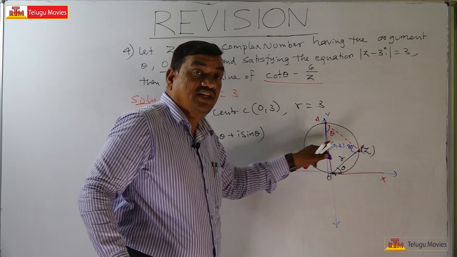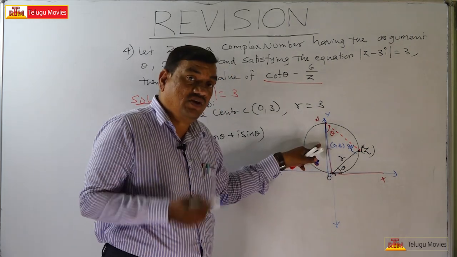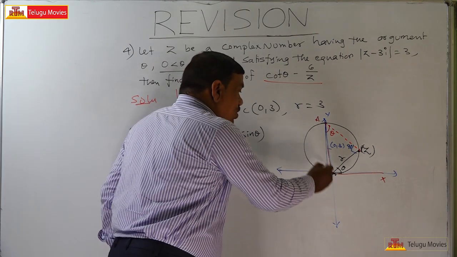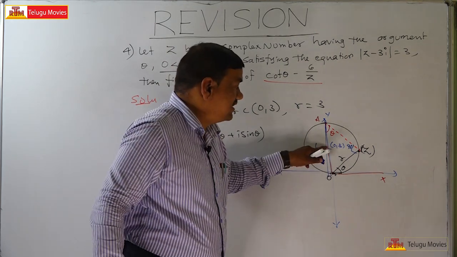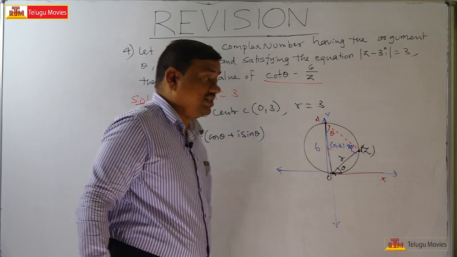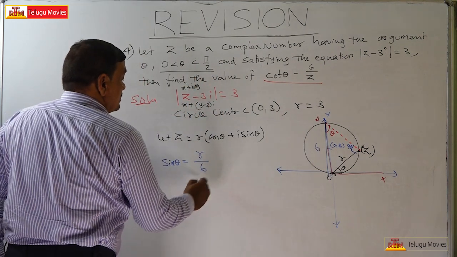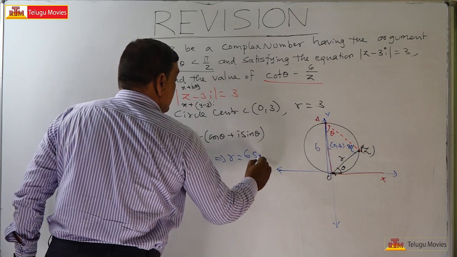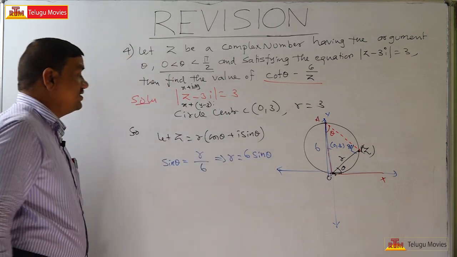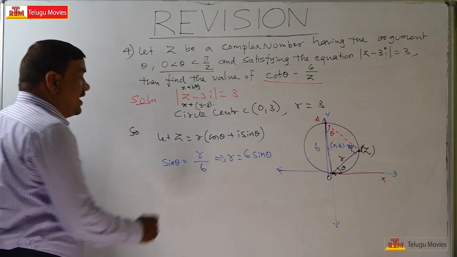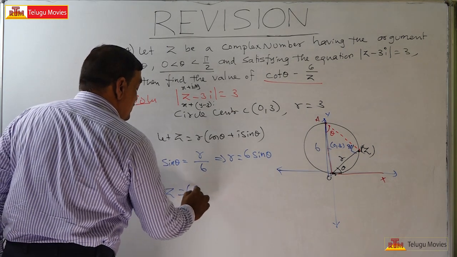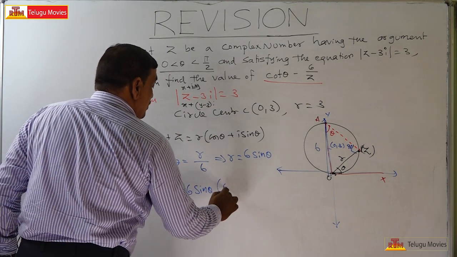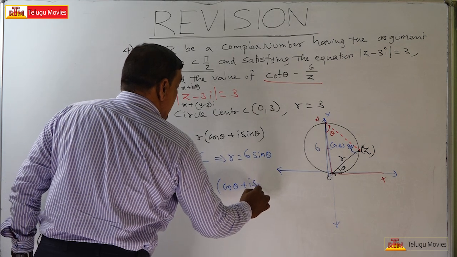Why? Because opposite the 90 degrees will be the hypotenuse. This total is equal to 6, because up to here 3 plus 3 is 6. From this, r is equal to 6 sin theta. Substitute here, z is equal to 6 sin theta into (cos theta plus i sin theta).